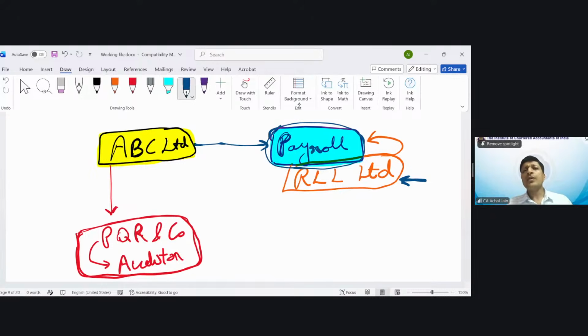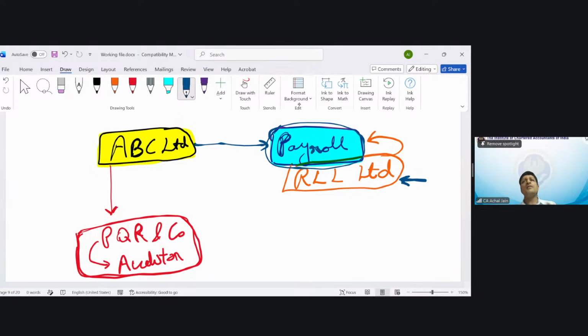Now, for the auditor to get into such a stage will require maybe different approaches. Maybe the auditor can go to this entity, RLL, understand their process, understand their controls in relation to the payroll. Of course, the idea is not to audit RLL, but that is not the subject matter anyway.